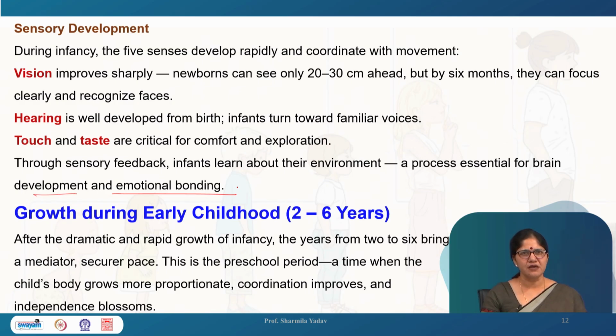After the dramatic and rapid growth of infancy, the years from 2 to 6 bring a moderate, steadier pace. This is the preschool period, a time when the child's body grows more proportionate, coordination improves and independence blossoms.